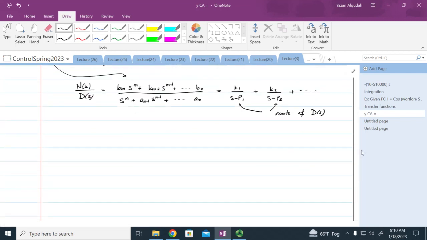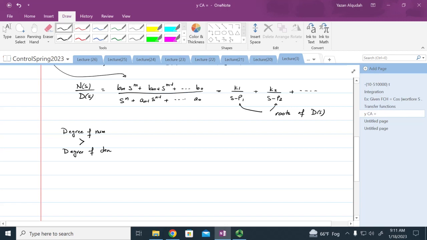Now, before we do the partial fraction expansion, when we look at any transfer function, we're going to have one of three situations. The first one is that the degree of the numerator is going to be greater than the degree of the denominator.